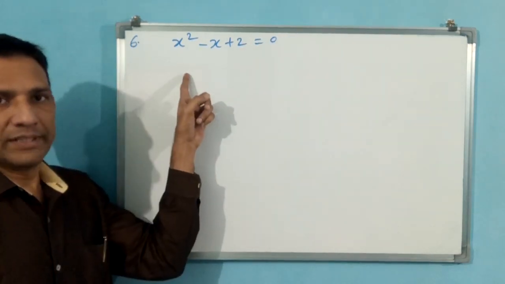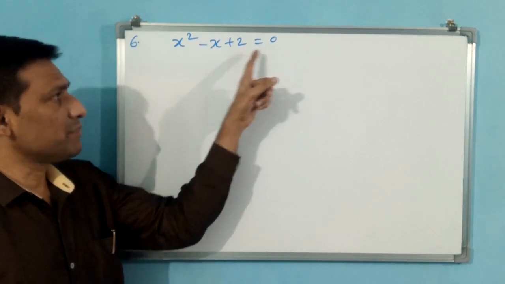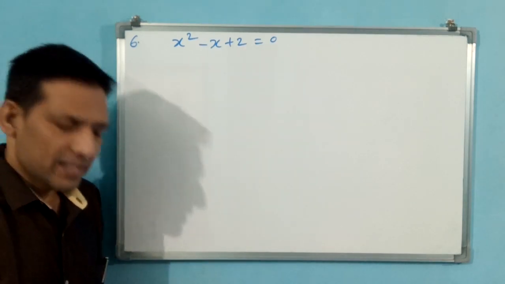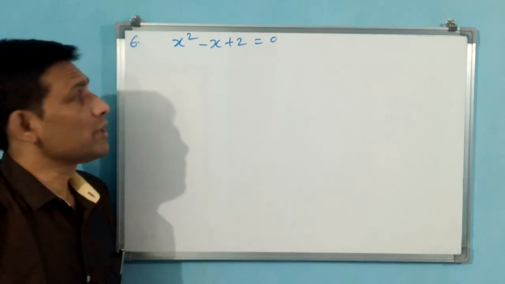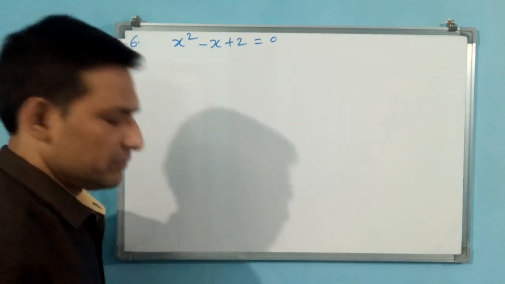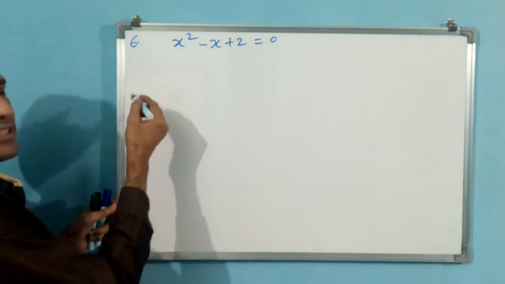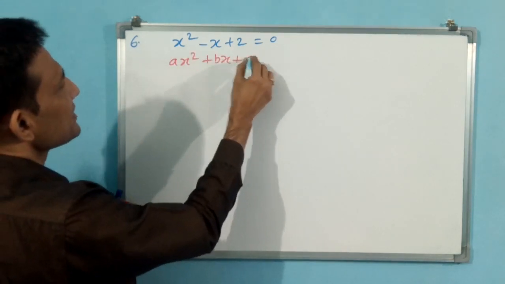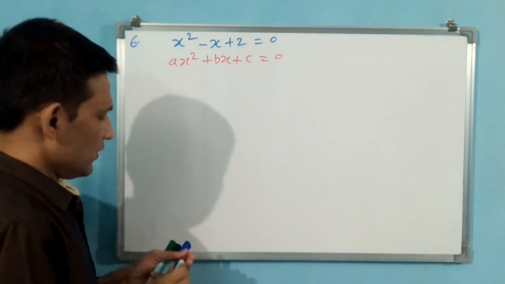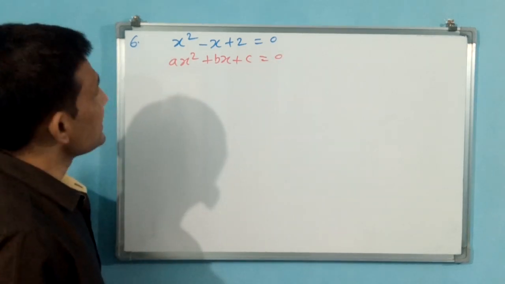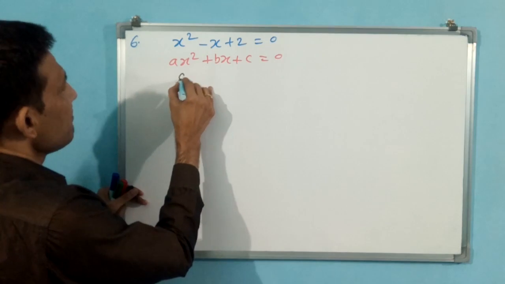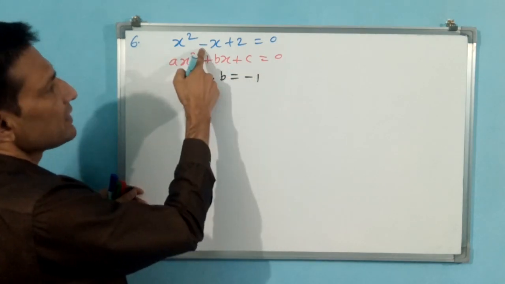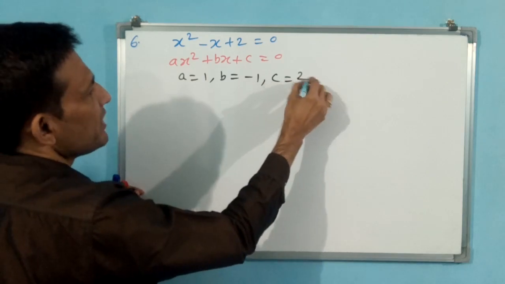See the sixth question: x square minus x plus 2 is equal to 0. This is a quadratic equation. Let us find the solution. The solution may come in complex form also. First compare this with the standardized equation ax square plus bx plus c is equal to 0. If you compare, then a will be 1, b will be minus 1, c will be 2.